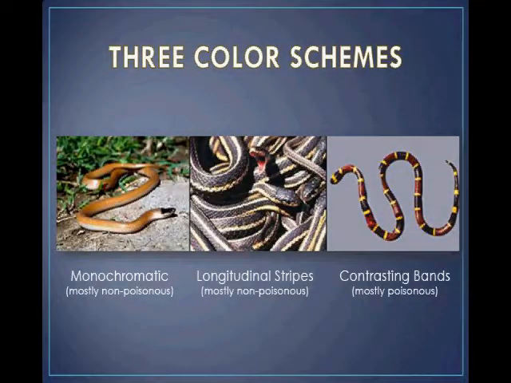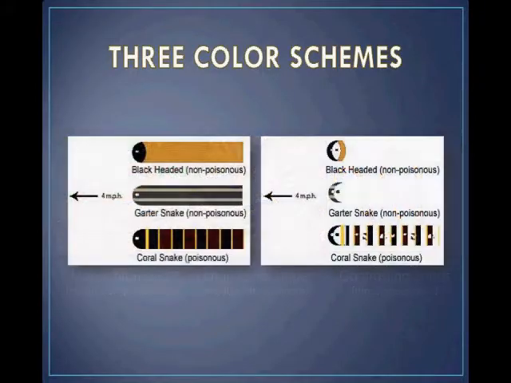There's three basic color schemes in snakes. There's the monochromatic black-headed snake on the left, there's this longitudinal striped snake in the middle, and then the banded snake on the right. Snakes that don't want to be seen are either monochromatic or have longitudinal stripes, which do not show up in animal vision. If you look on the right, you'll see how those snakes render with those particular colorations.